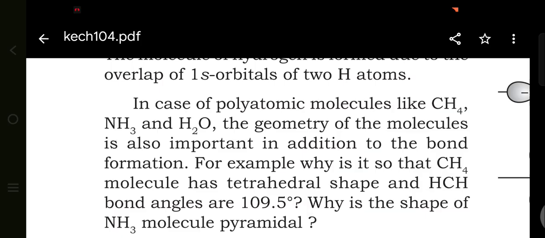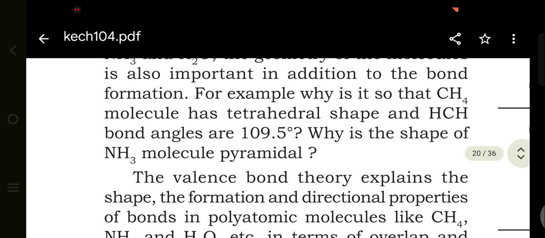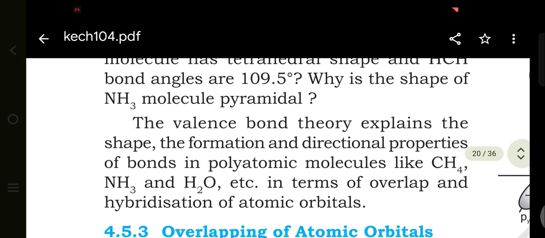For example, why does the CH4 molecule have a tetrahedral shape with an HCH bond angle of 109.5 degrees, while the shape of NH3 molecule is pyramidal? The valence bond theory explains the shape, the formation and the directional properties of bonds in polyatomic molecules like CH4, NH3, H2O, etc. in terms of overlap and hybridization of atomic orbitals.